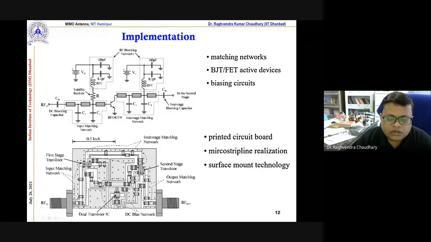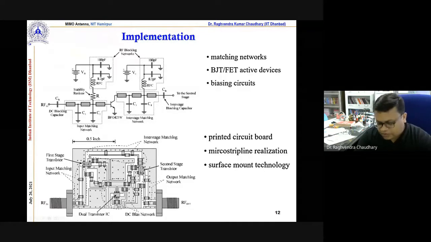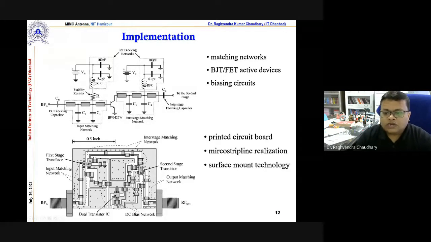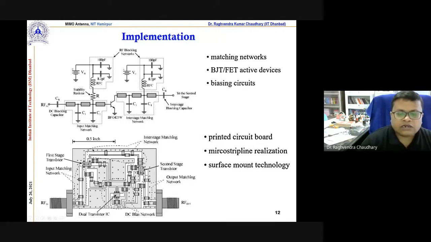Most of the participants may be knowing about these things. So for realization of these RF devices, we have to use surface mount technology, microstrip realization, and some chip resistors, inductors, and maybe sometimes capacitors also. We need to manage it. Fine.